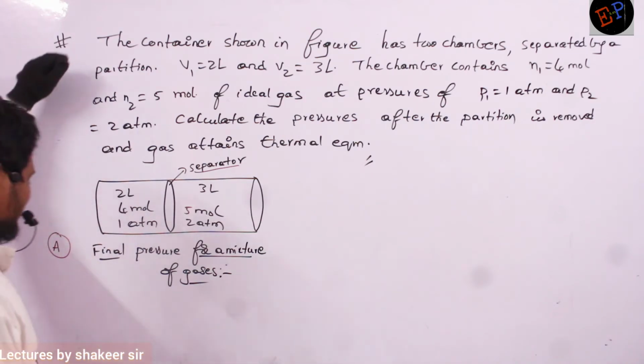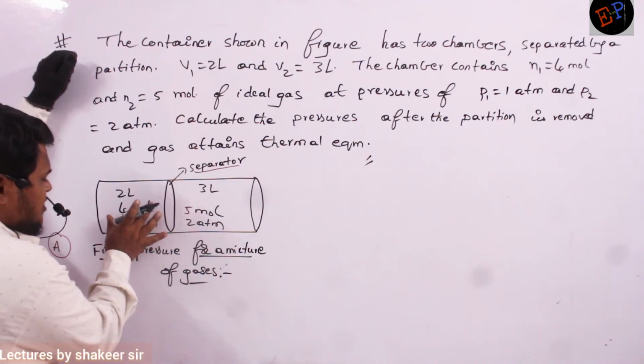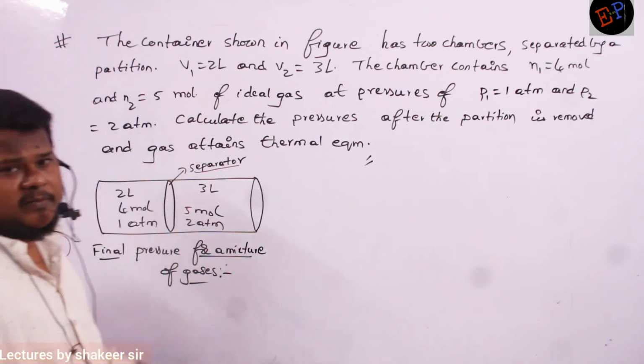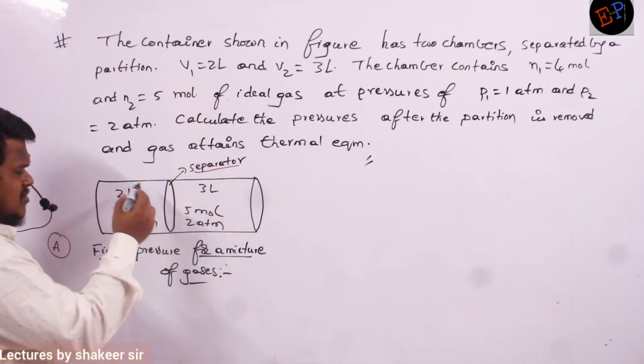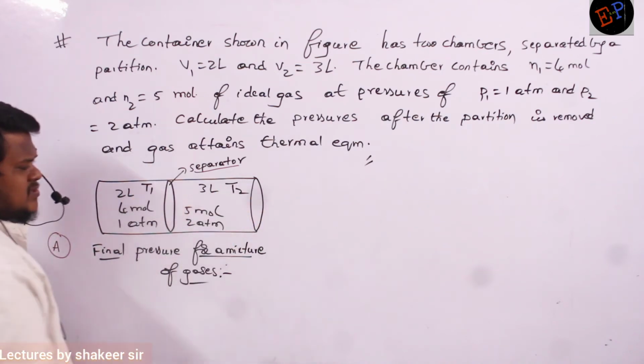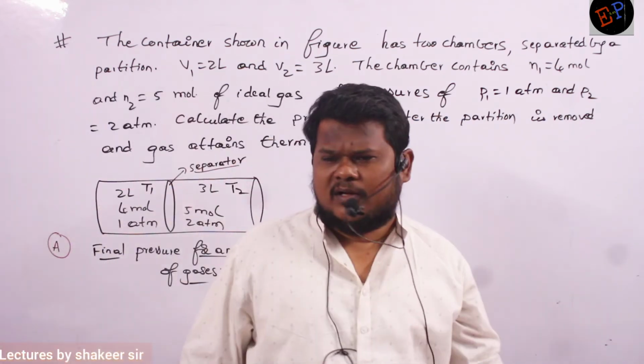So Seema, consider previously this gas will have some energy, no? Because the energy of a gas depends on temperature. So consider this gas is having a temperature of T1 and this gas is having a temperature of T2. Temperatures may be different. Temperatures may be equal also.